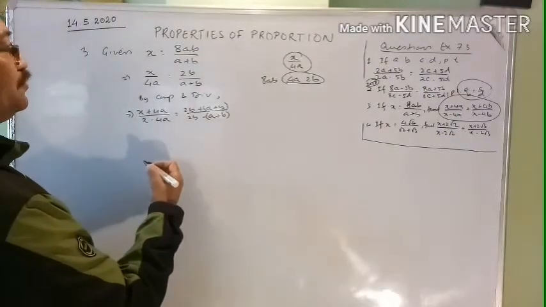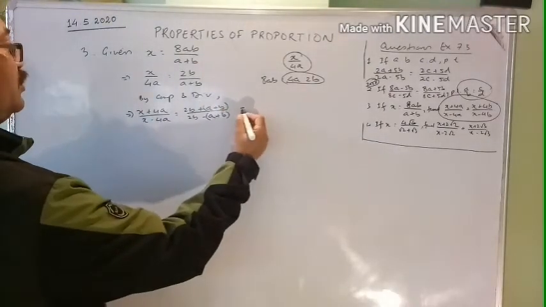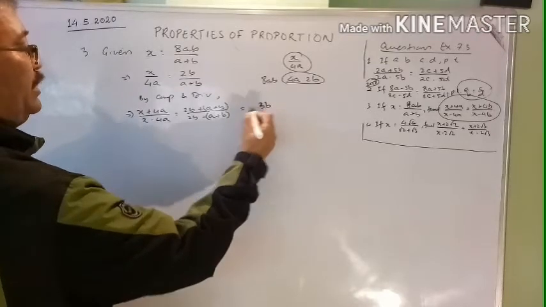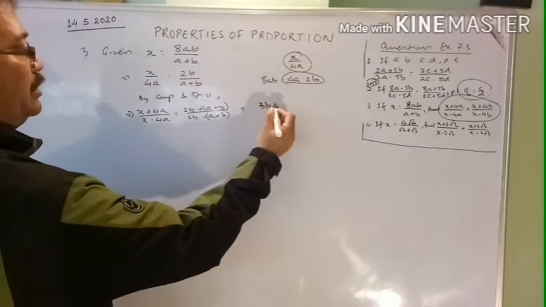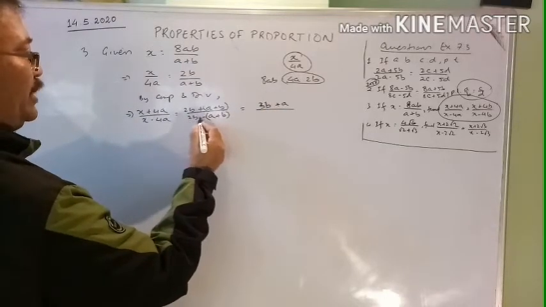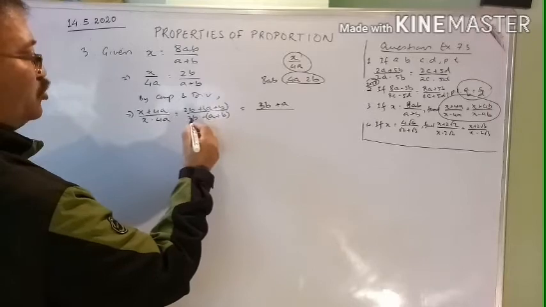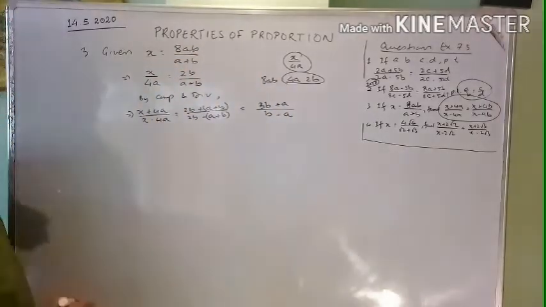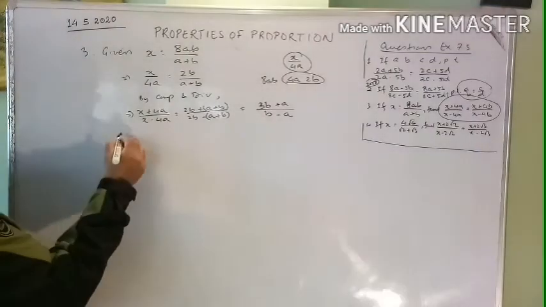And that will give you 3b plus a divided by 2b minus b, which is b minus a. Okay, this is what we get.